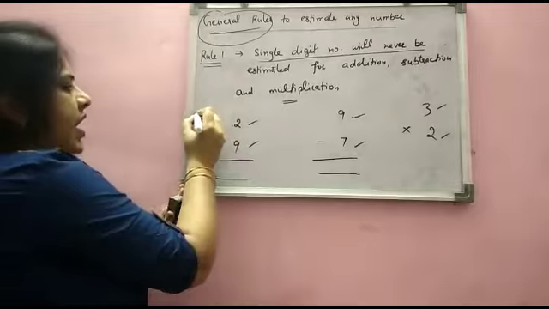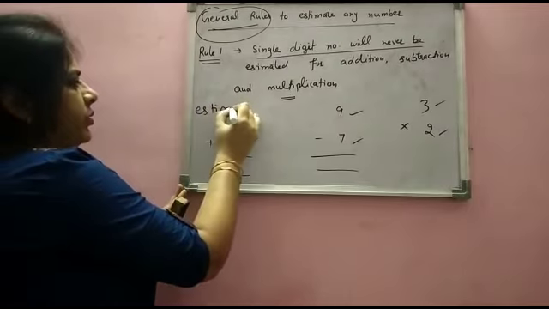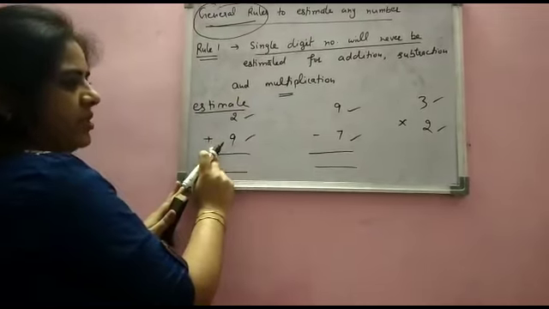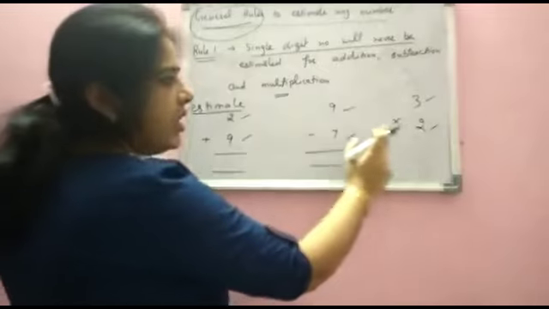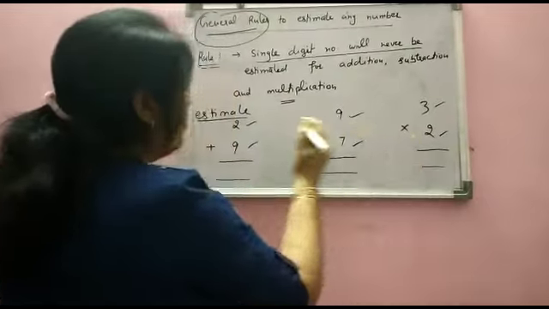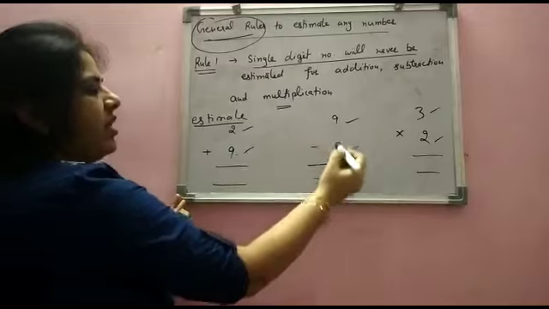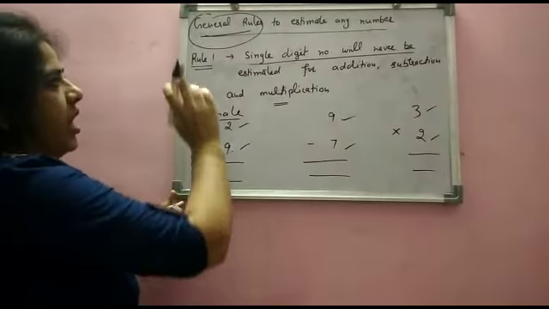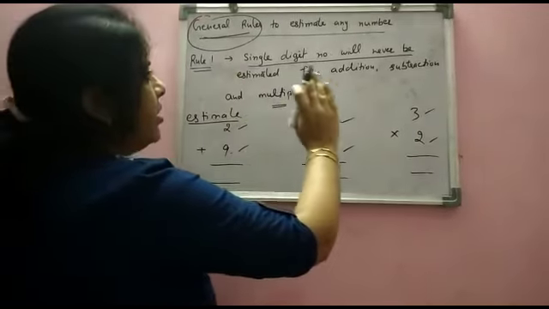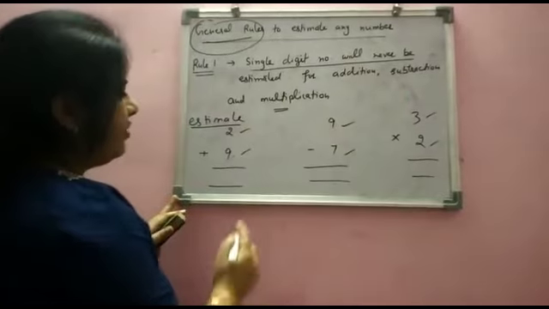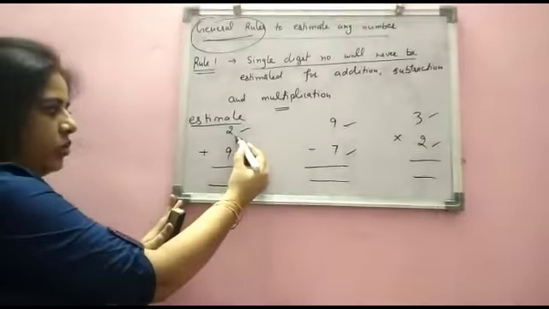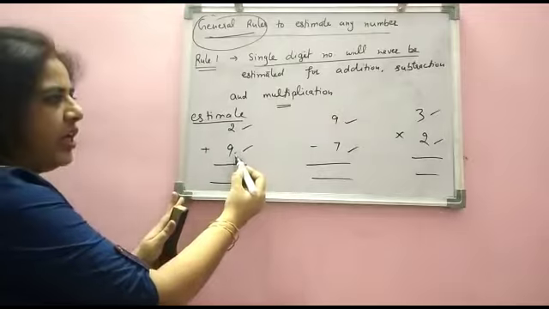If the question is to estimate this addition, estimate this subtraction, estimate this multiplication, but we observe the numbers are single digits in each case, and the rule says single digit number will never be estimated. So 2 will remain 2 only, 9 will remain 9.